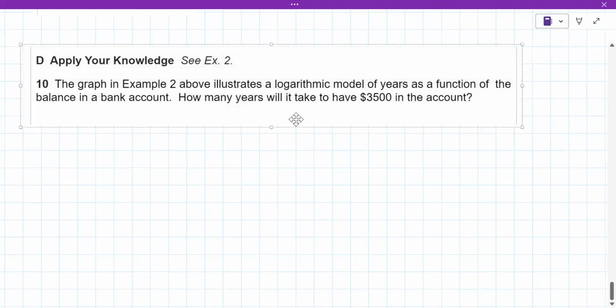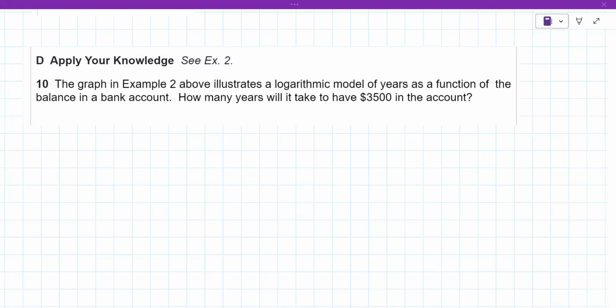The graph in example 2 above illustrates a logarithmic model of years as a function of the balance in a bank account. So we've got to go find that. I'm going to go find example 2. Scrolling up. EX1, EX2. Okay, let me zoom out a little.